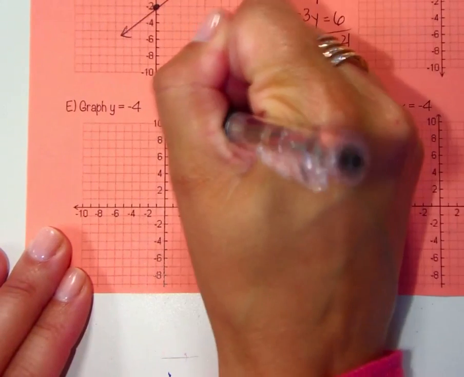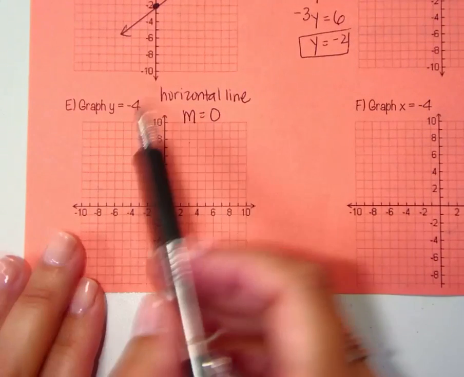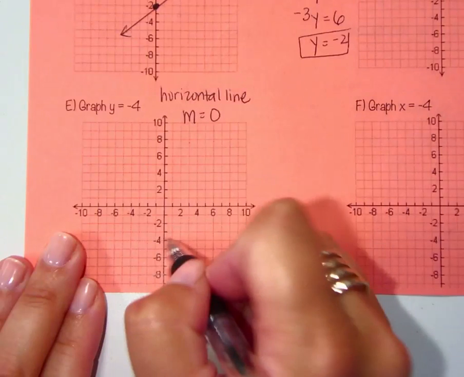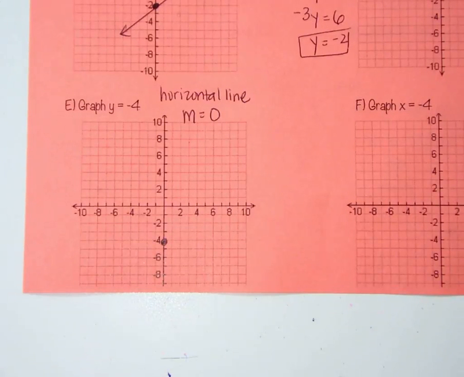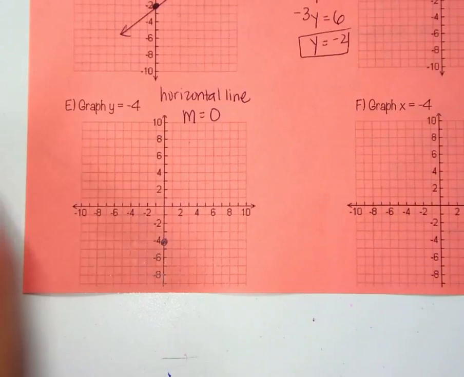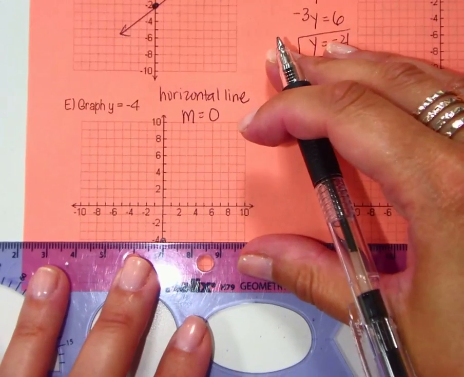And the slope of a horizontal line is 0. So the way that we graph this is on the y-axis, we go to negative 4, plot that point, and then through that point, we graph the horizontal line.